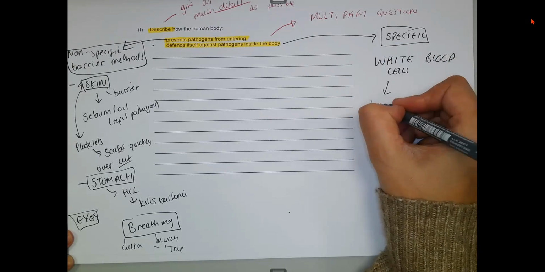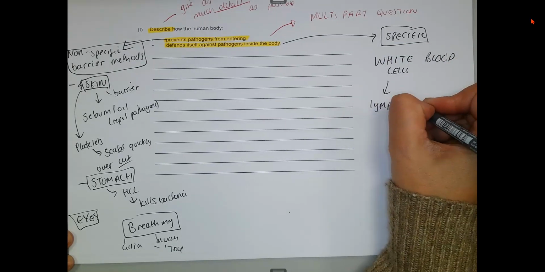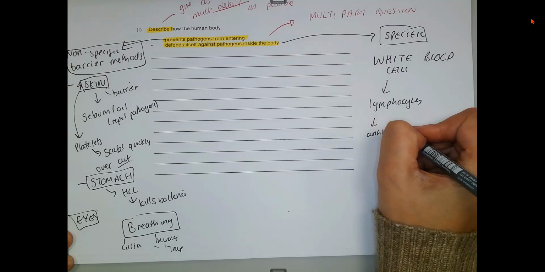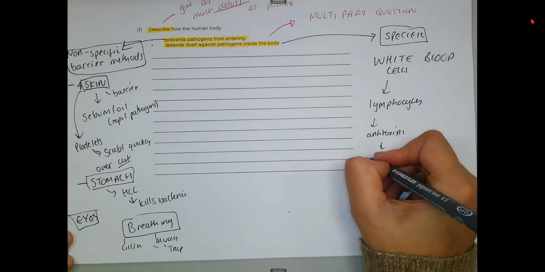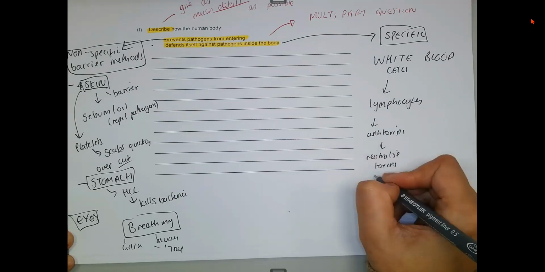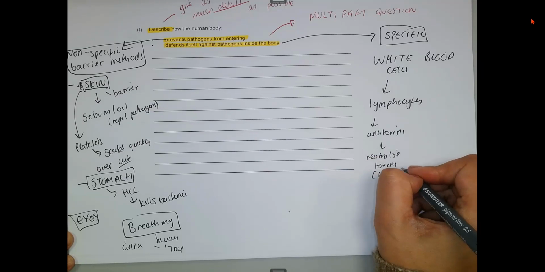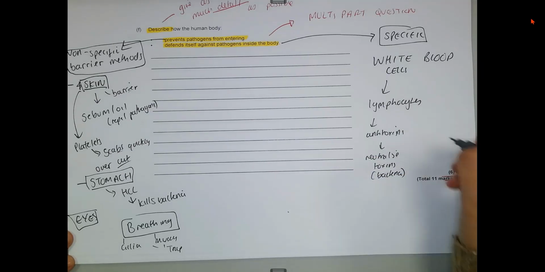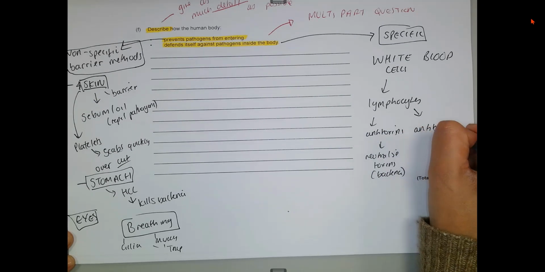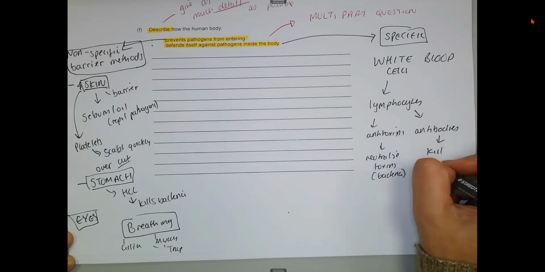We know that our blood has lymphocytes, and these lymphocytes will, one, release antitoxins. These antitoxins will neutralize the toxins produced by the bacteria cells, so they're not able to harm our body. Equally, these lymphocytes will also produce antibodies, and these antibodies kill the pathogen.